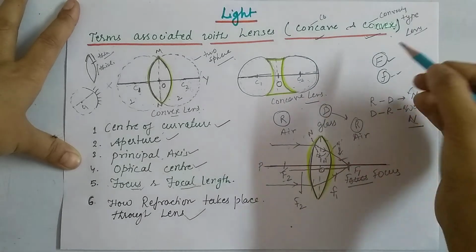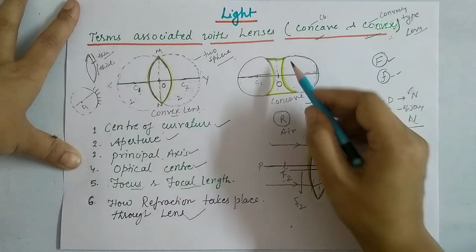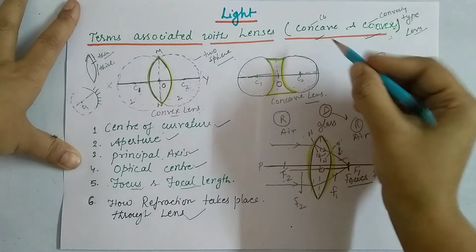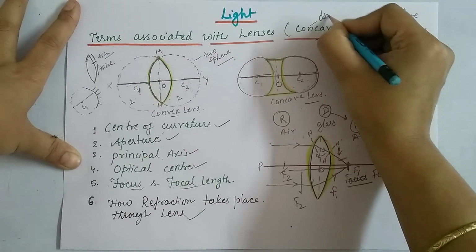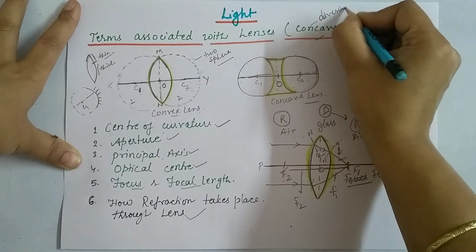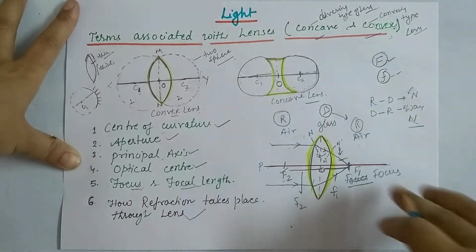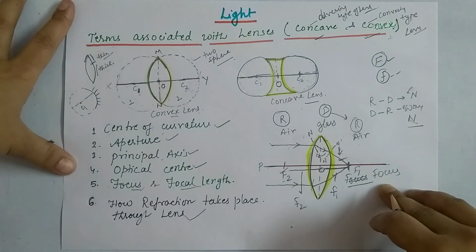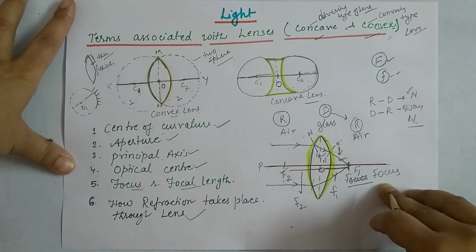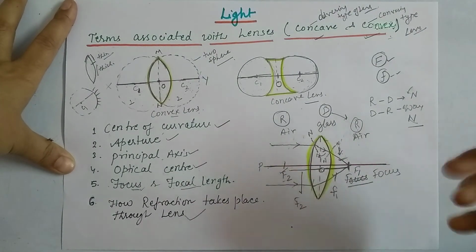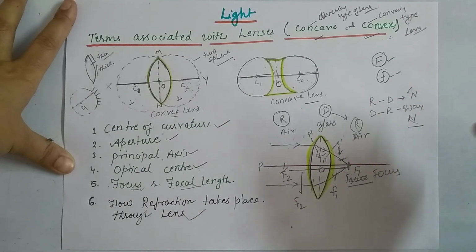And concave, in contrast, is a diverging type of lens. So this is all about the terms associated with lenses, as well as how the refraction takes place through the lens.